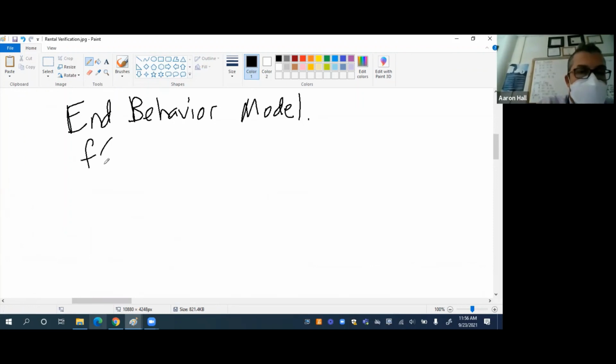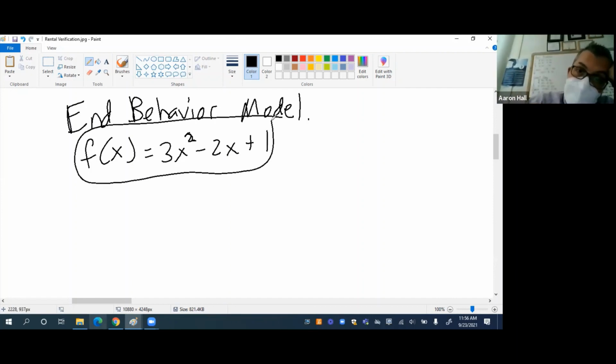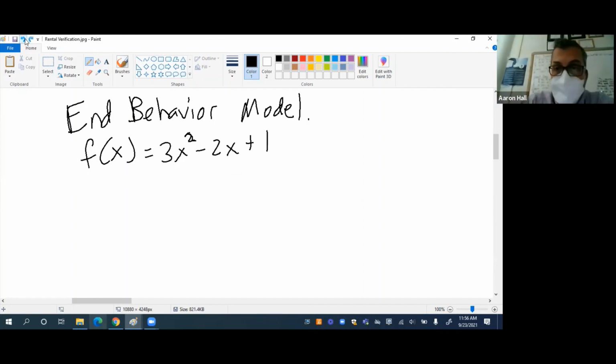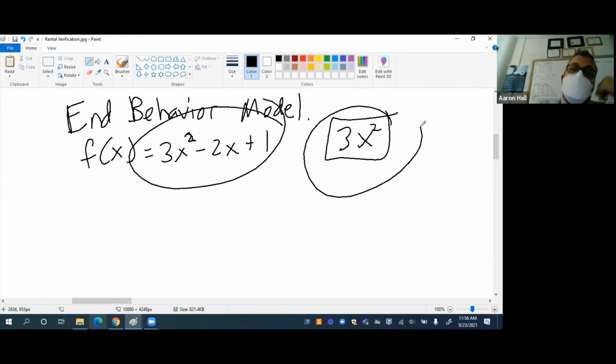If I have something like f of x equals 3x squared minus 2x plus 1, and I'm talking about an end behavior model, then I'm not saying that it's equal. We're just saying that the pattern is going to be the same with this equation as it would for this equation. The characteristics of the end behavior are the same as this.